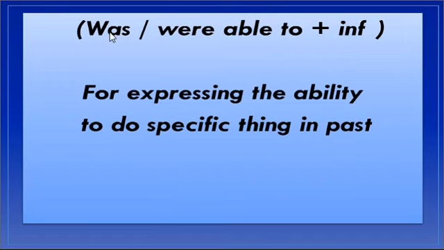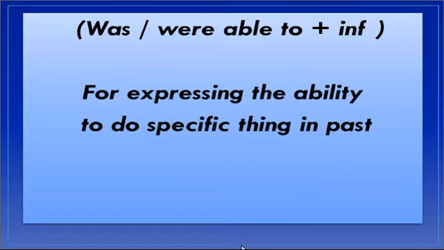Okay, here we use was or were able to plus the infinitive for expressing the ability to do a specific thing in the past. بنستخدمهم عشان نعبر عن specific situation, specific thing in the past. أما could or couldn't we use them to express ability and inability in the past in general, not specific.